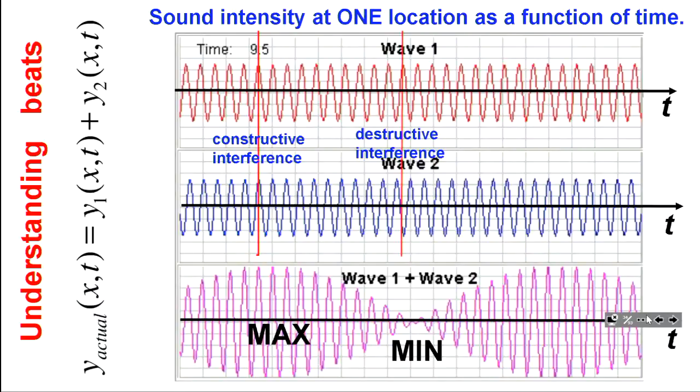And you can see that at this instant, both pulses have the same orientation. They amplify each other. We call it constructive interference. And that's when the maximum of the loudness is achieved. But over time, because there's a slight phase difference, there happens a moment when they cancel each other out.